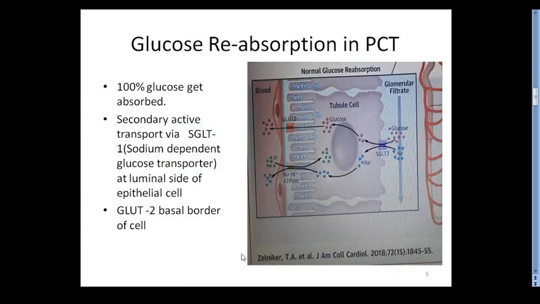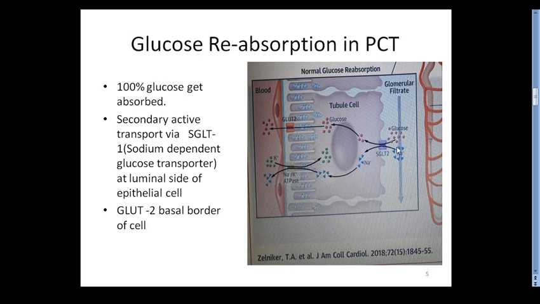Now first of all, the mechanism of glucose reabsorption, especially in the PCT. We know that all the nutrients get reabsorbed in the PCT. So 100% glucose gets reabsorbed. What is the mechanism which is involved?